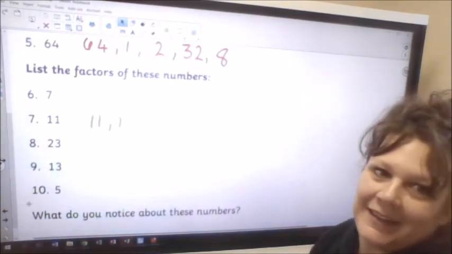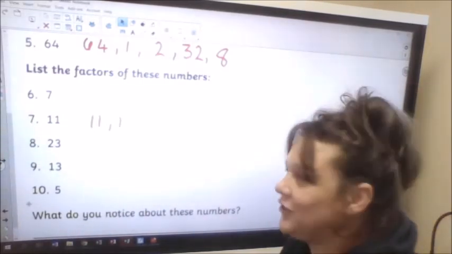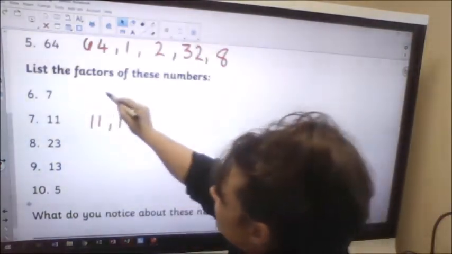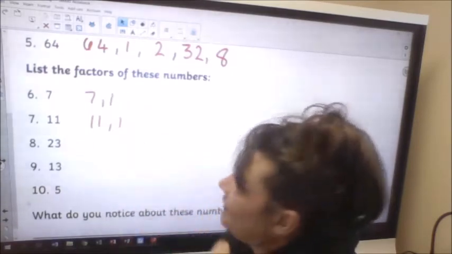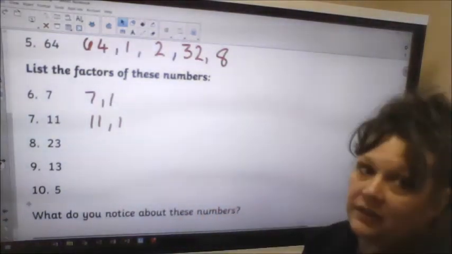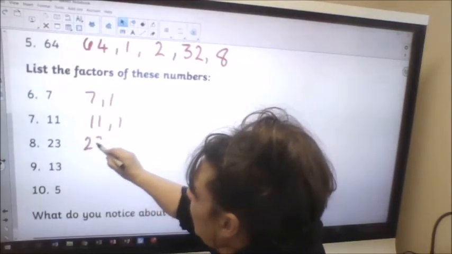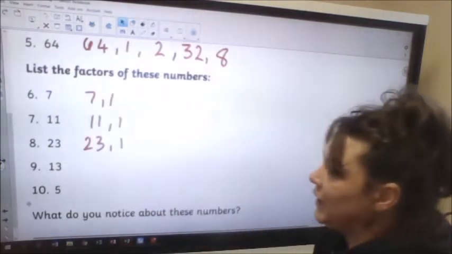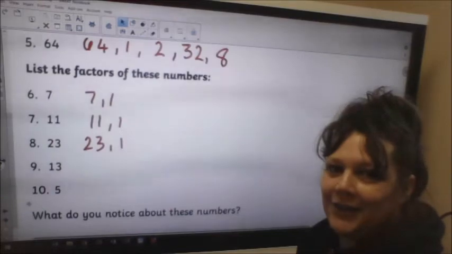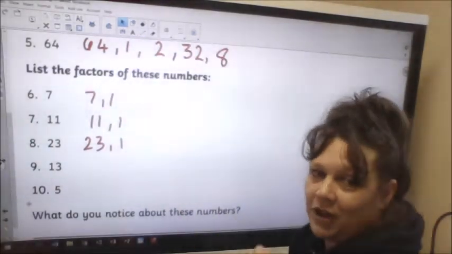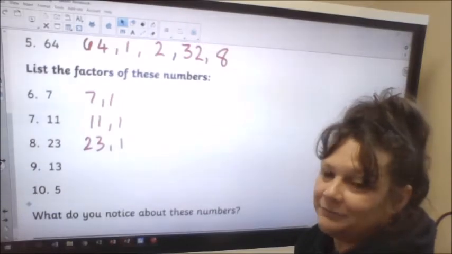Okay, year 6, let's have a little look, see if you spotted what is special about these numbers. Well, 7 only appears in the 7 times table, so it only has 7 and 1. 23, well, if we had a 23 times table that we were learning in our TT Rockstars, we would spot that only 23 and 1 would be factors.